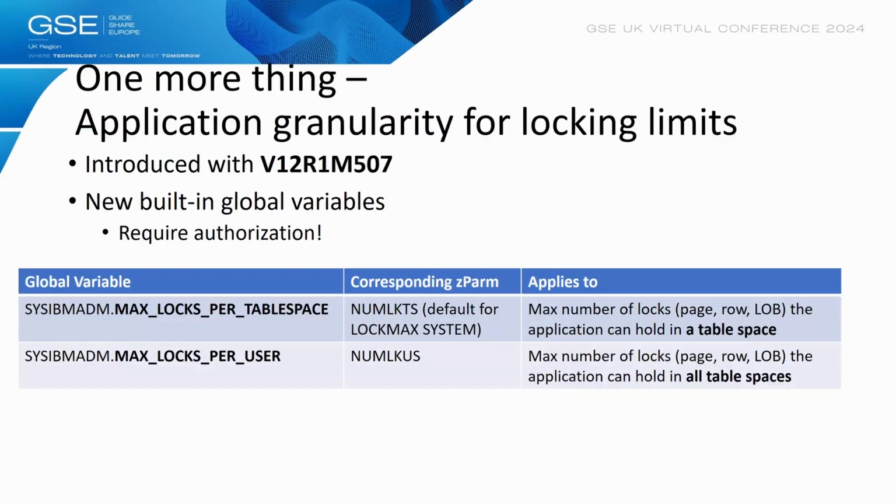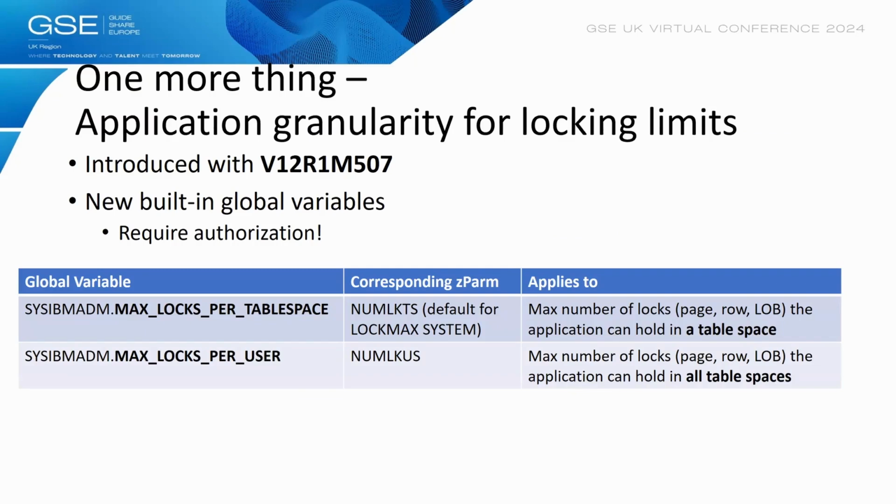One more note on a similar topic, but this was introduced in V12 507, where IBM provided some application granularity for locking limits. Maybe you are aware that there are the ZPARMs. One of them is number of locks per object, and the other one is number of locks per transaction.